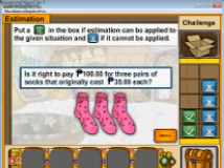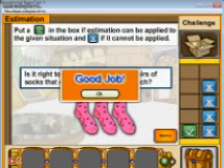So going to the next question. Now, is it right to pay 100 pesos for 3 pairs of socks that originally cost 35 pesos each? Let me repeat the question. Is it right to pay 100 pesos for 3 pairs of socks that originally cost 35 pesos each? The answer is yes. Though it is not right to pay 100 pesos, the question is if we can apply estimation.